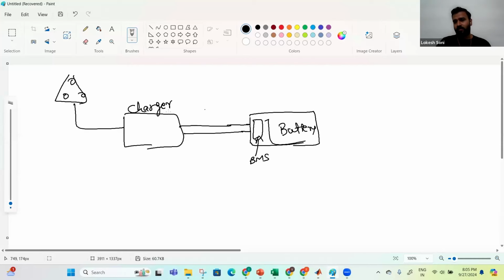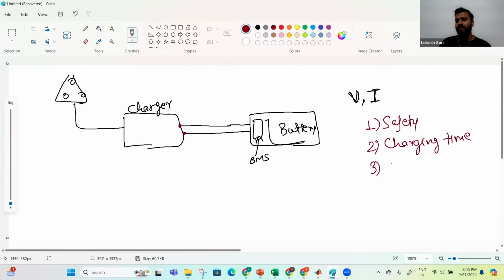Now, from the voltage and current front, how things are working, we will see through a graph. Let me take another color. So, what are the three requirements? One is safety. Second is charging time, and third is the health part, right?